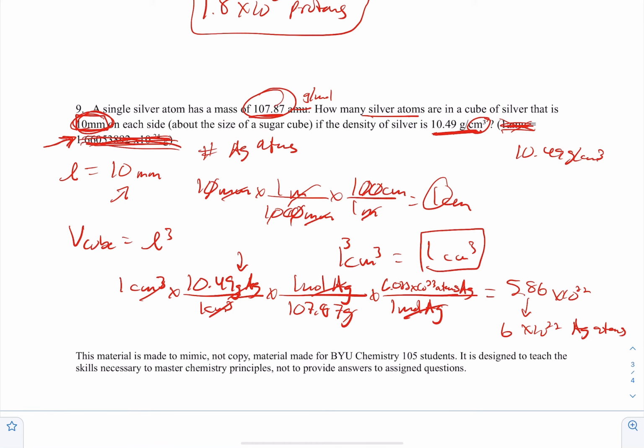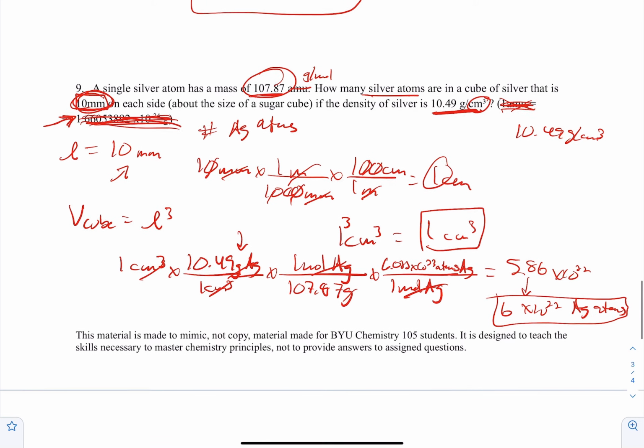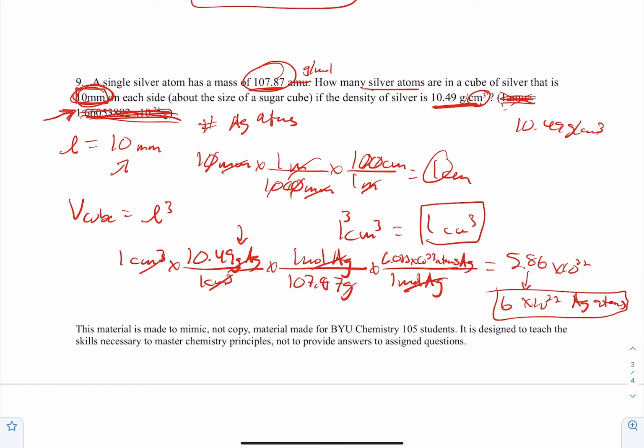All right. The other way that you can do that using the AMU is a little more complicated in my opinion. You could have done the same thing, gone to grams, and then instead of using grams per mole, you would have used 1.66 times 10 to the negative 24 grams per 1 AMU, and then used 107.87 AMU for every 1 mole of silver, and from there 1 mole of silver, and so on and so forth.